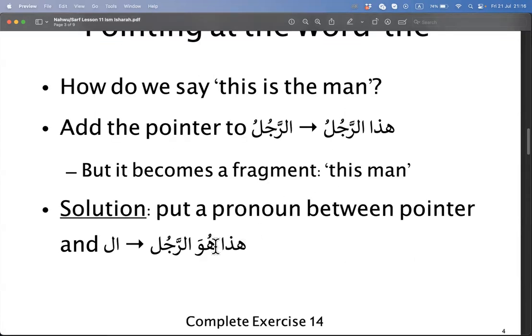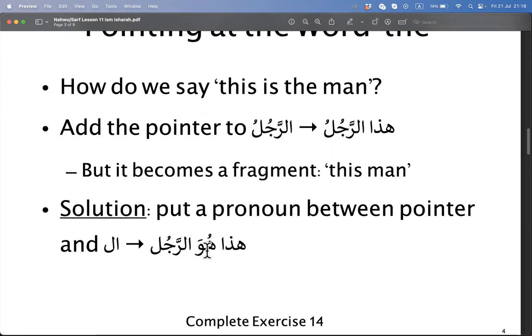We put a pronoun that is matching to both, in between the pointer and the word with al. So we say, Hadha huwa rajul. This is the man. Literally it is "this, he is the man," but you will translate it as "this is the man."